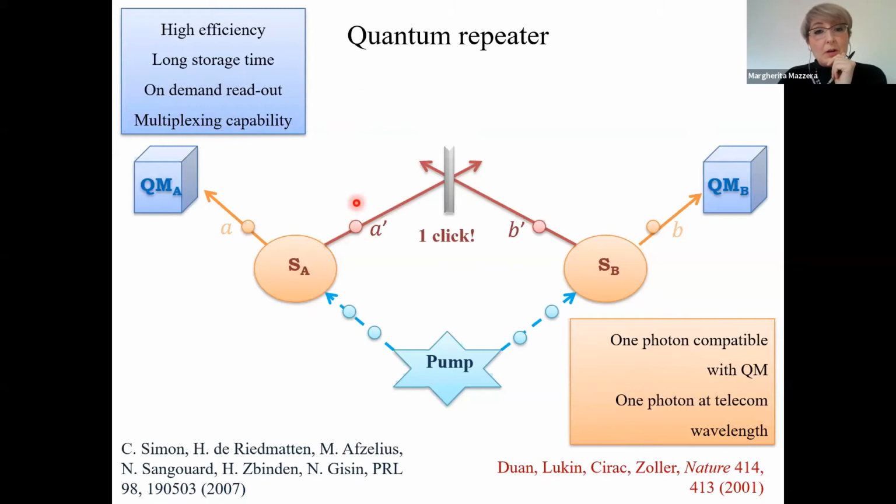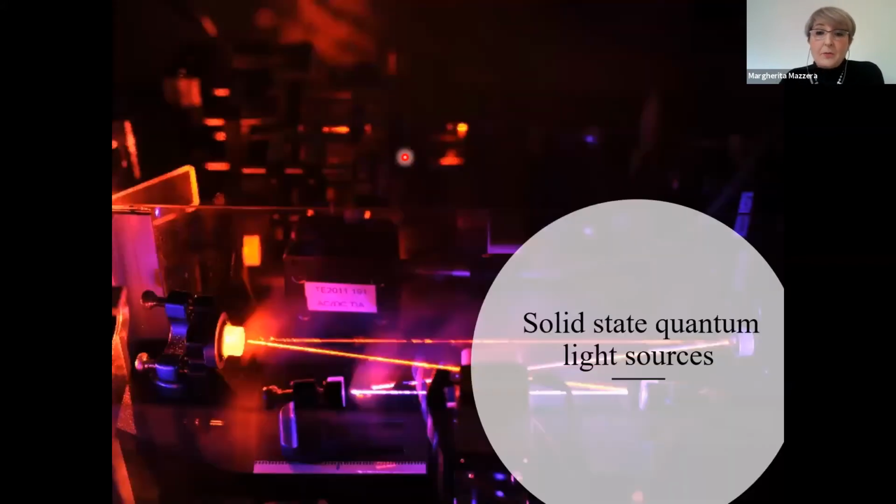So in this talk, I'm going to show you our approach towards the development of the ingredients of this quantum repeater scheme, starting from the solid state quantum light source.